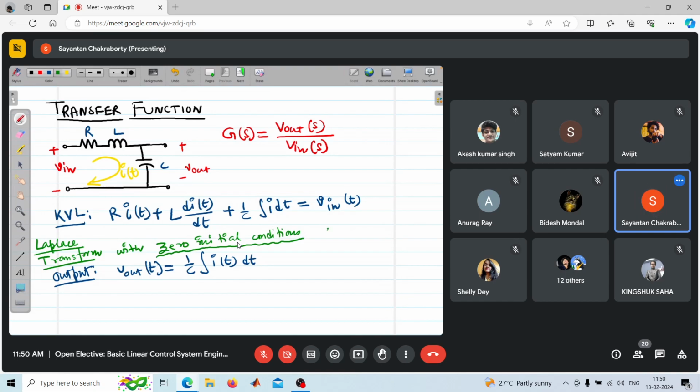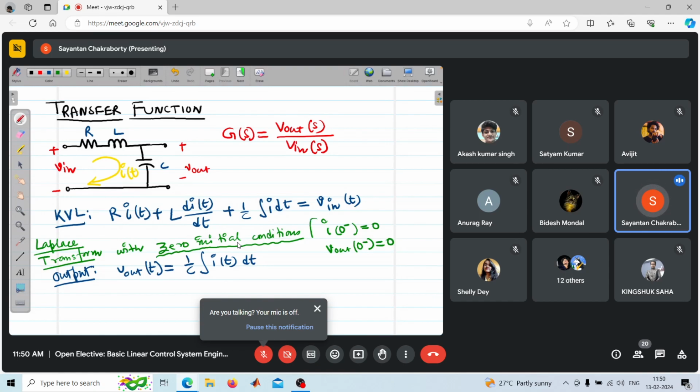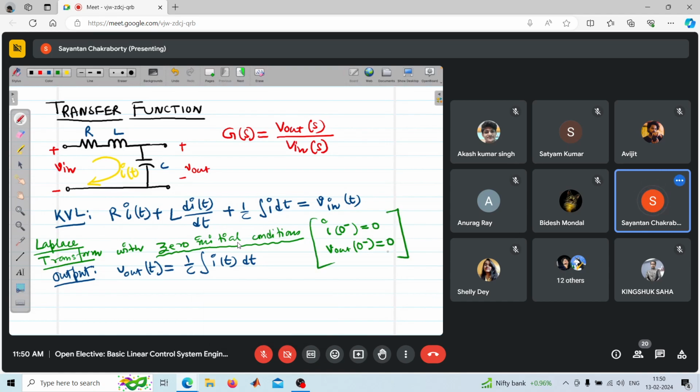So that means i(0-) is 0 and V out(0-) is equal to 0. The 0 minus depicts just before the application of the input.